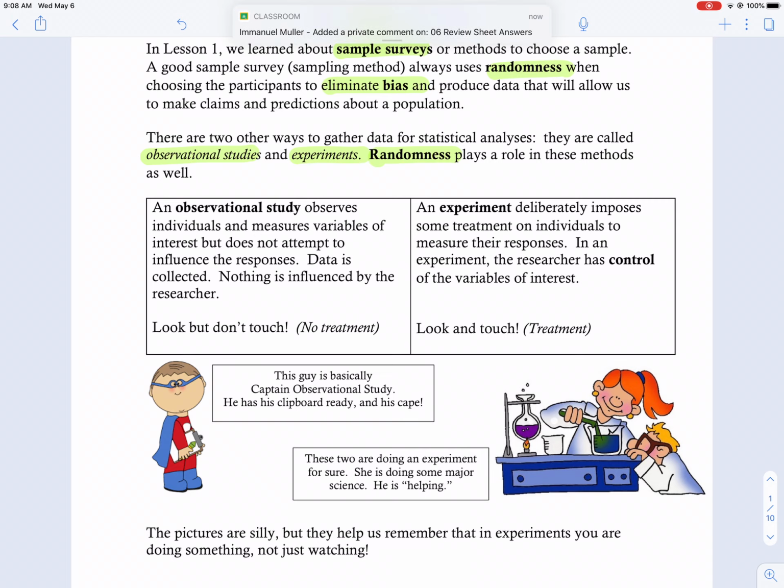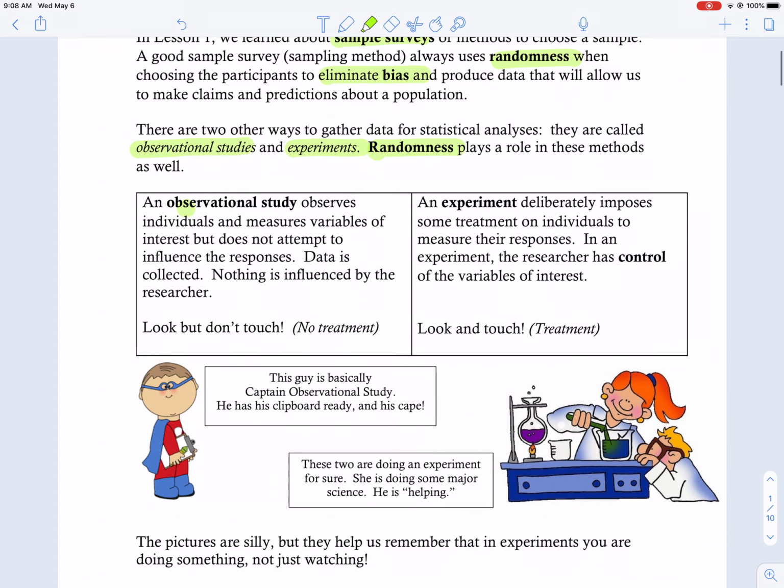An observational study literally just observes, okay? An observational study observes individuals and measures variables of interest, but does not attempt to influence the response. So data is collected, but nothing is influenced by the researcher. Literally, look but don't touch, or no treatment.